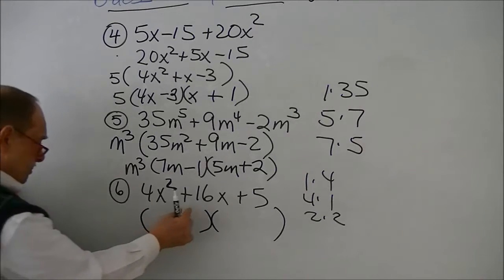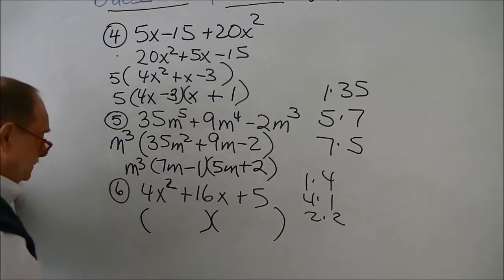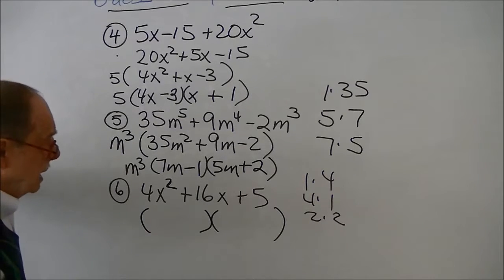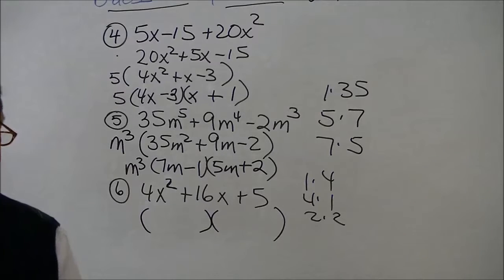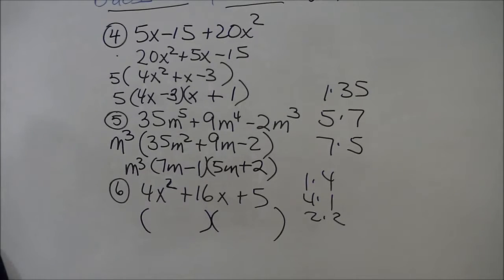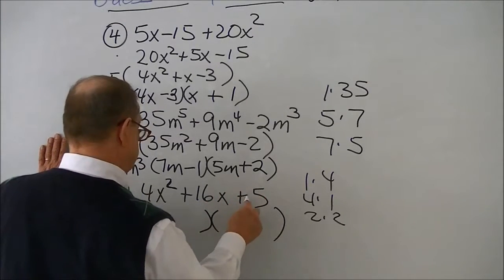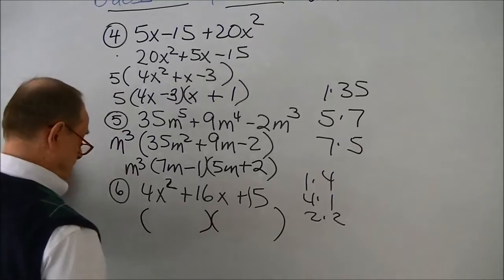But since this number is a 16 in the middle, you see, did I copy that down right here? Ooh, sorry about that. Looking at this, this is a 15.